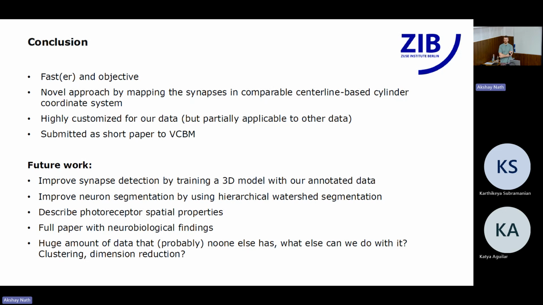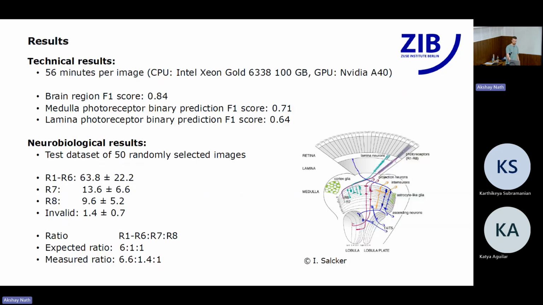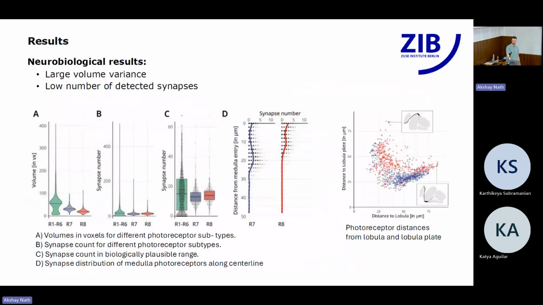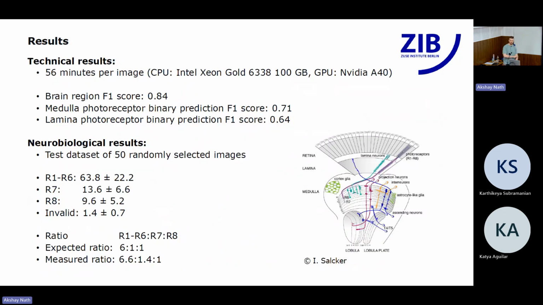In one of the charts that you showed, I think there were a bunch which were invalid, those 1.4 percent. Is it possible to provide user input where they could see the segmentation, see the photoreceptor, and then fix the issue so that you can nudge that also? Is the workflow amenable to such user inputs?